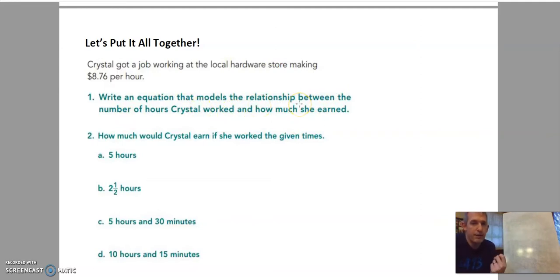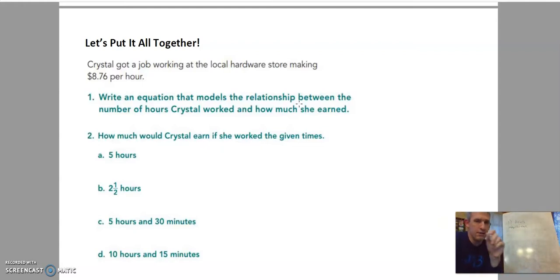So we need to figure out number of hours. That's one of our changing quantities. So we've got hours and how much she earned. Money earned. Hours worked, money earned.